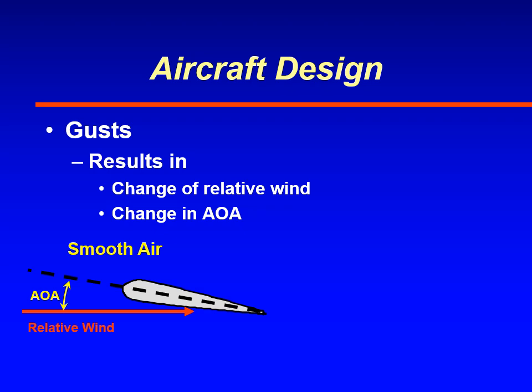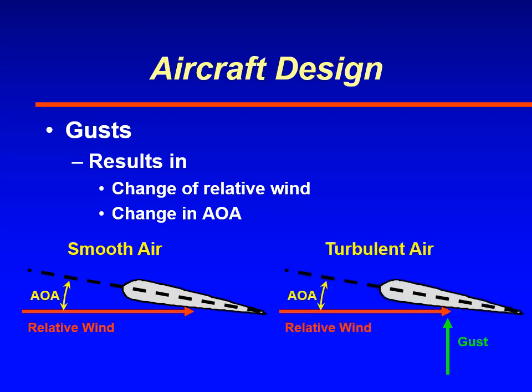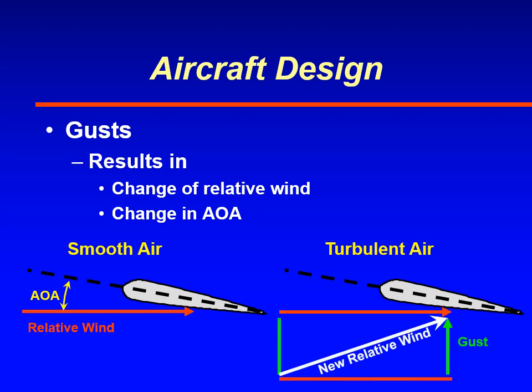In smooth air, it looks like that. In gusty conditions, you'll have a vertical gust, and if you add the vertical gust and the relative wind together, you'll get a new relative wind at a different angle approaching the airfoil. So that new relative wind with relation to the chord line produces a greater angle of attack.